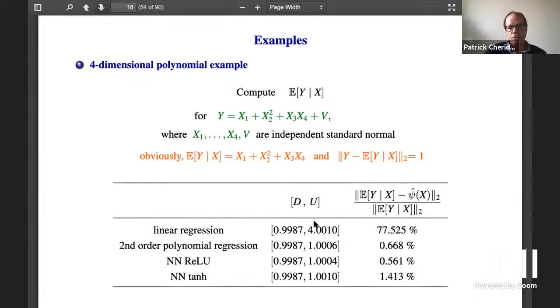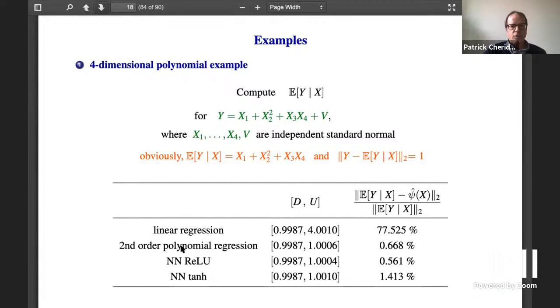Okay, u is not tight at all, okay, because with a linear regression, meaning just with linear functions in x1 to x4, you're not going to be able to approximate this polynomial expression very well. The relative error of the L2 approximation error of the conditional expectation with your candidate regression function with respect to the 2 norm of the true conditional expectation is 77%, okay.